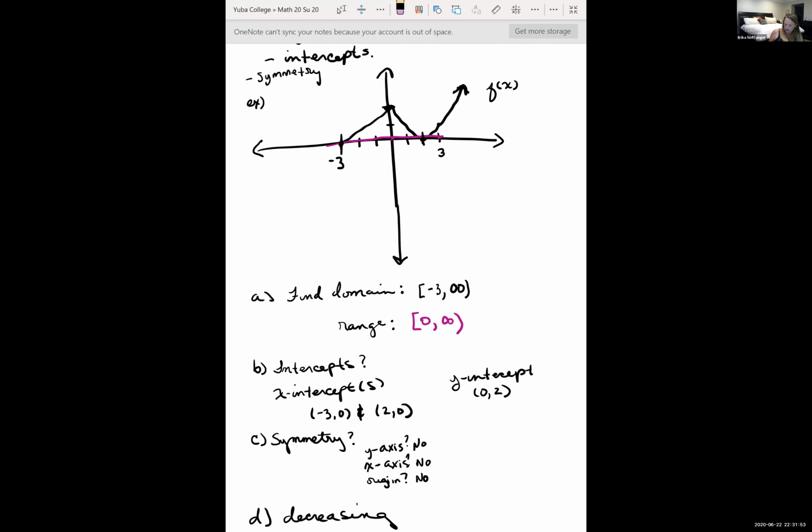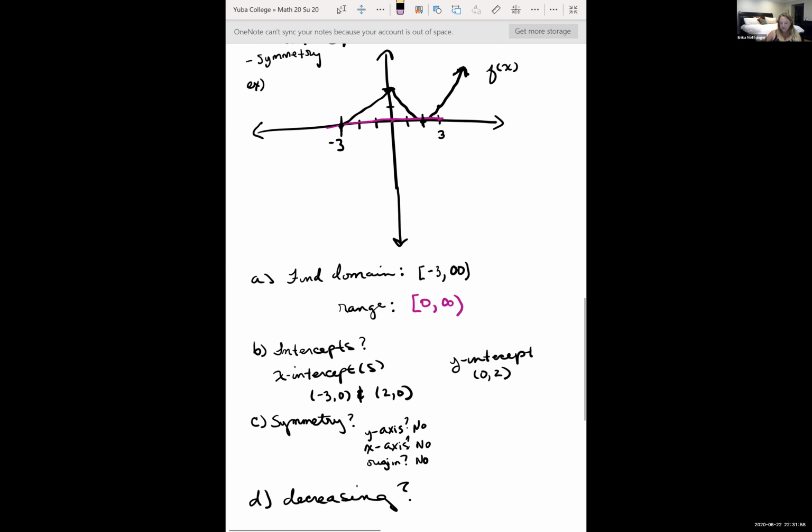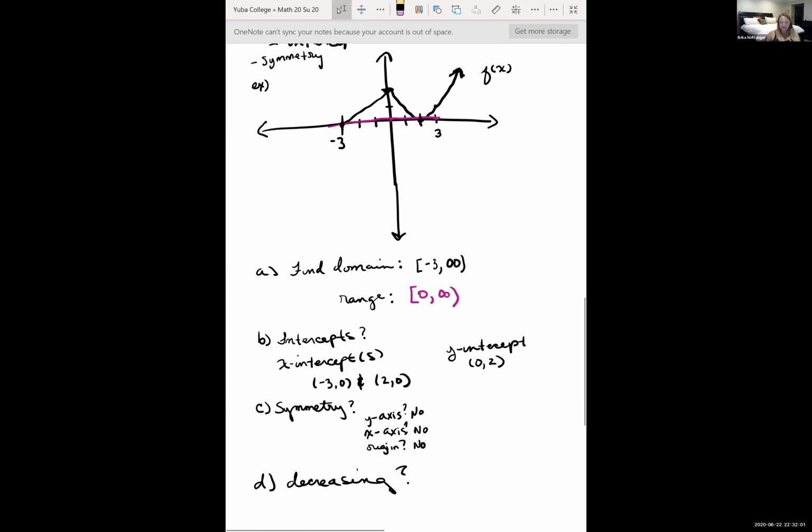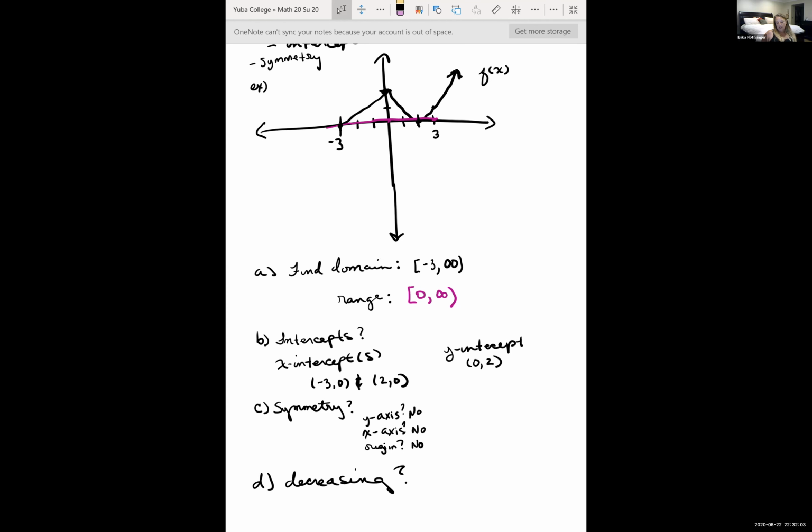So what about decreasing? So we say a graph is decreasing on some interval. Well, looking at it, your graph is going down from left to right. So we're reading across left to right on the graph.